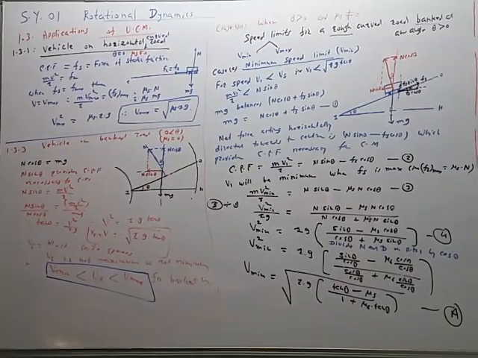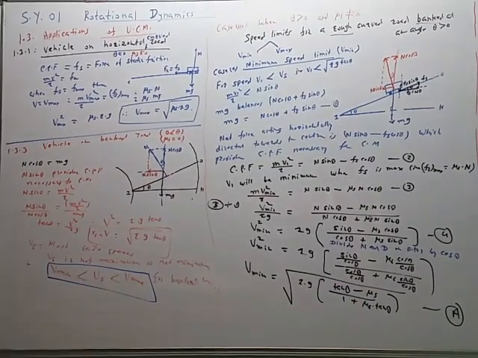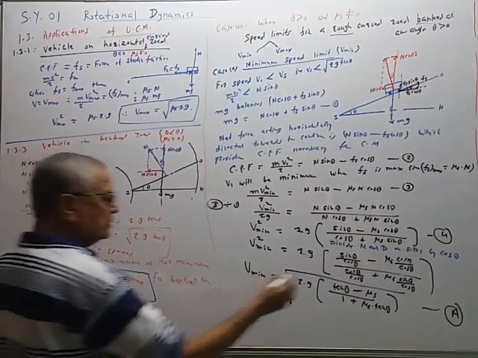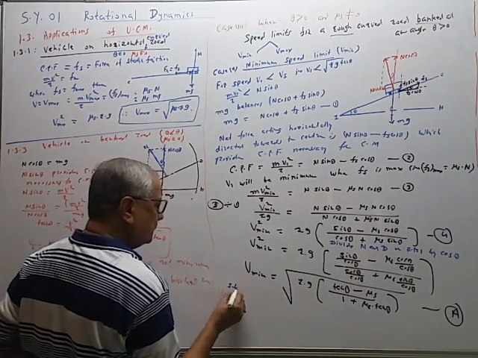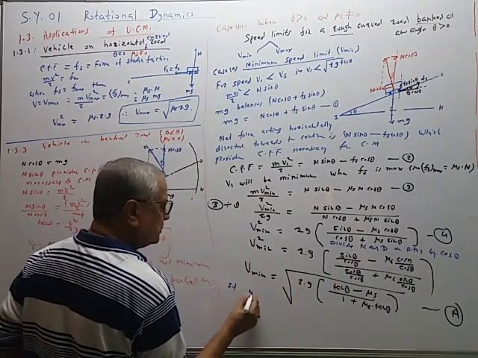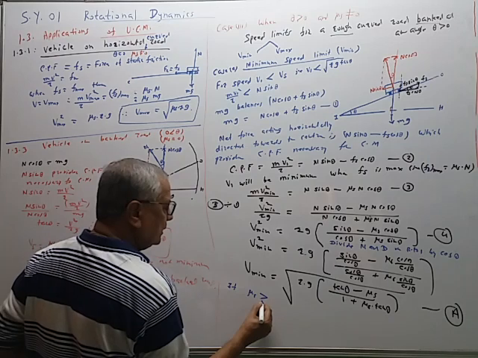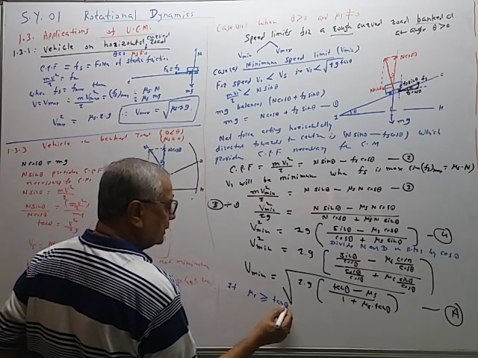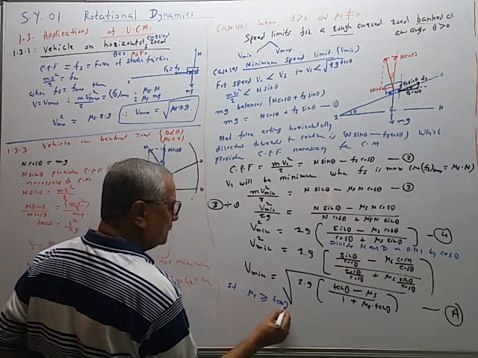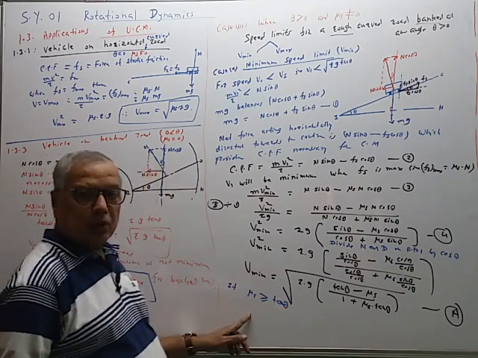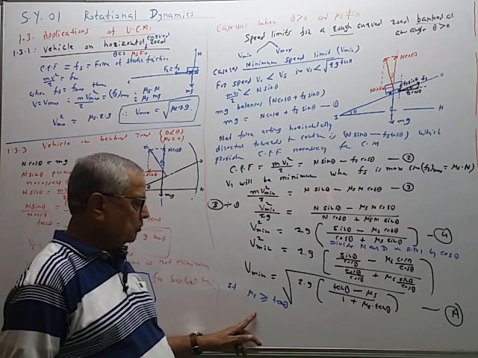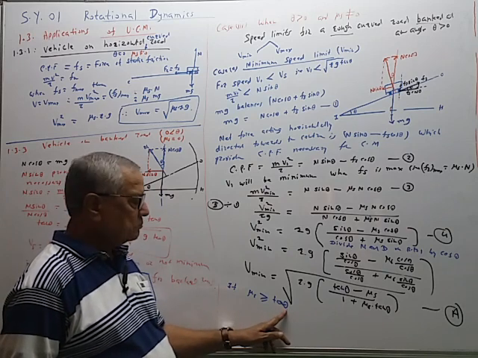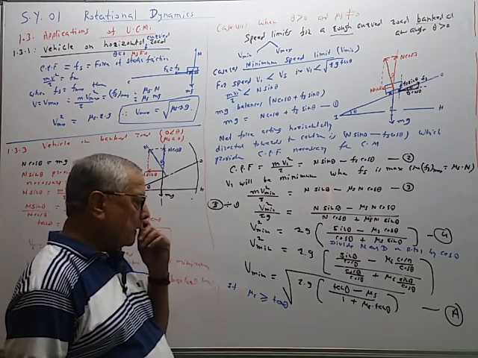Now in equation E we can get this condition. If mu s is greater than or equal to tan theta, what will happen? Theta is the angle of banking. So if friction is predominant, then what will happen?